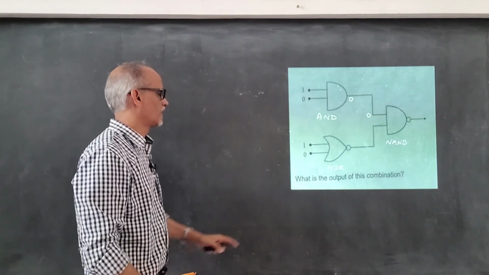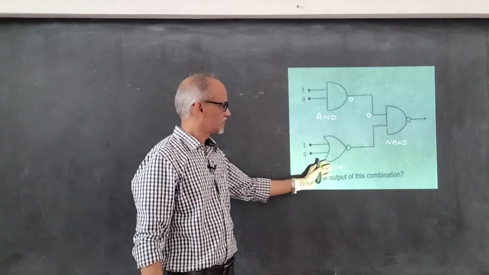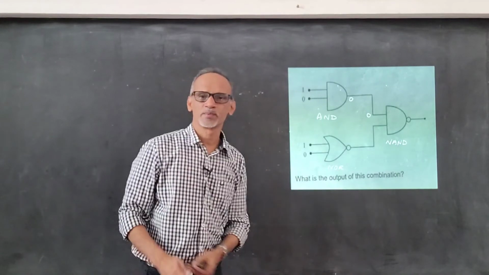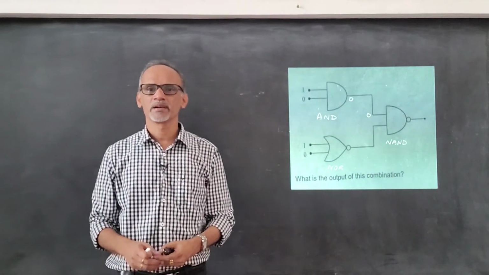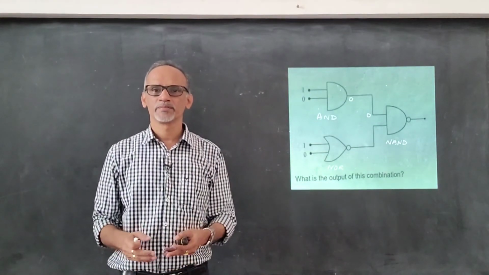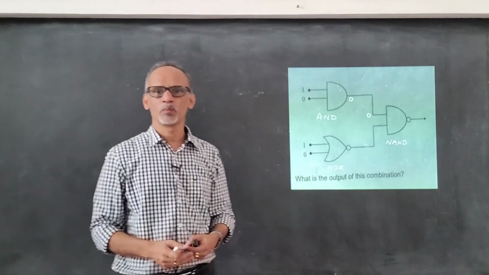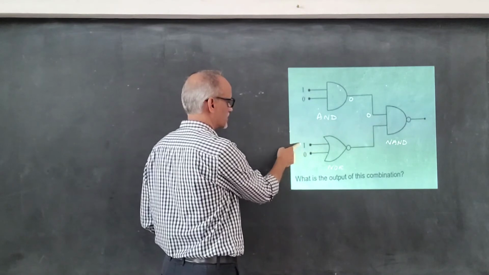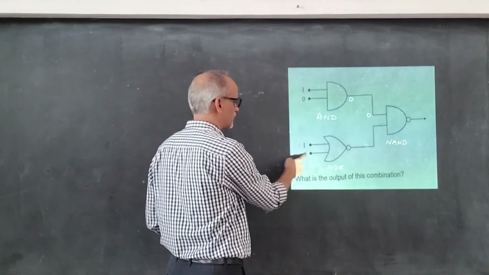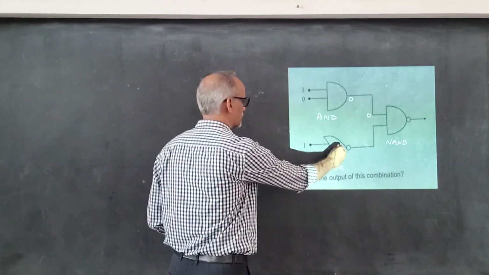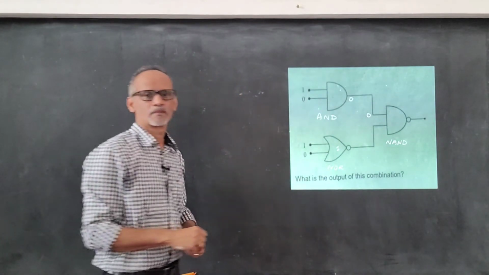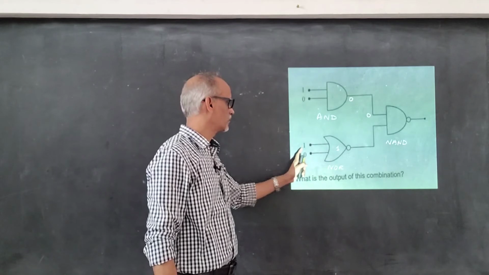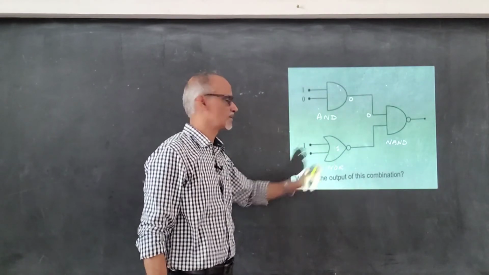Then, just leave the inversion. What does the OR gate perform? The OR gate performs a logical addition. Logical addition means that the output is high when any one of the inputs is high. You can see any one of the inputs is high. So this is the output for the OR gate. 1 plus 0 is 1.